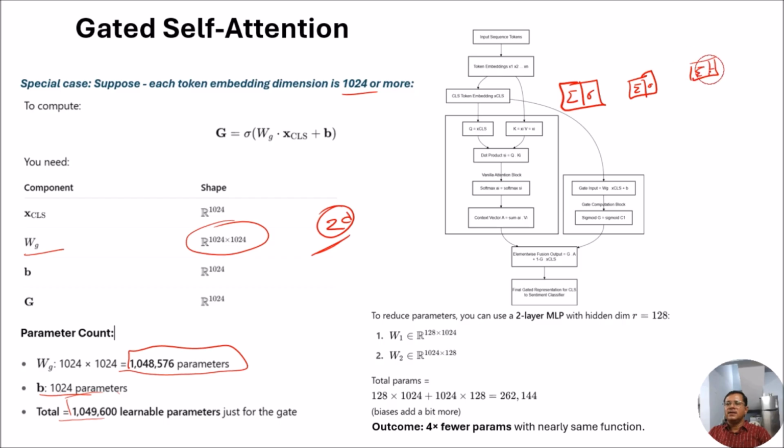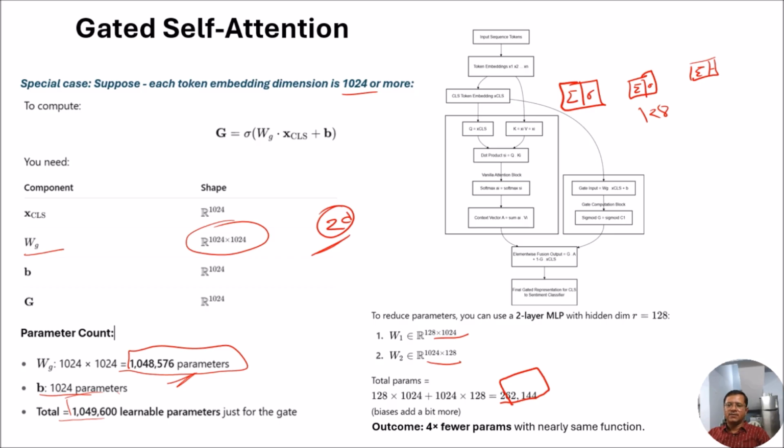In this case, suppose we take the second layer perceptron having size 128, so the weight matrices are 128 into 1024 and 1024 into 128. So in this case the parameters are reduced by about 4 times with respect to the current setup. So this is another way.